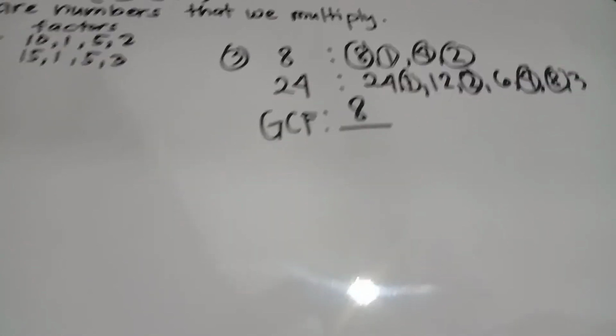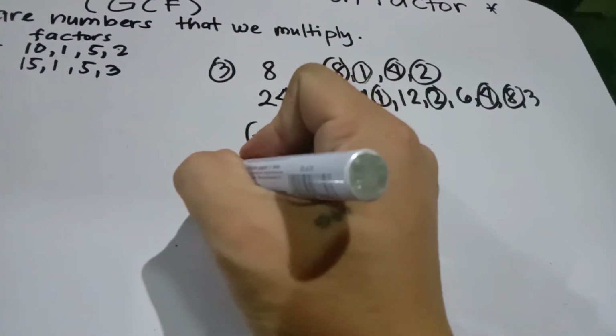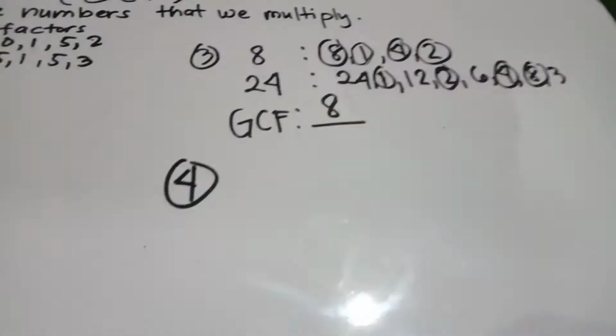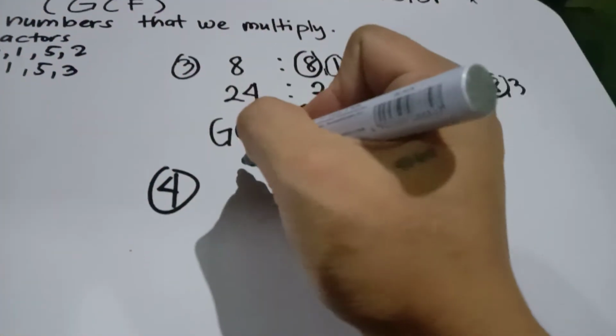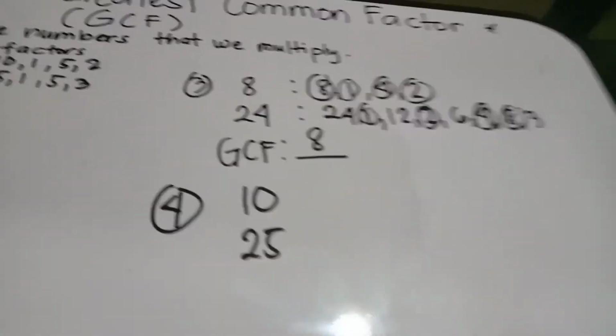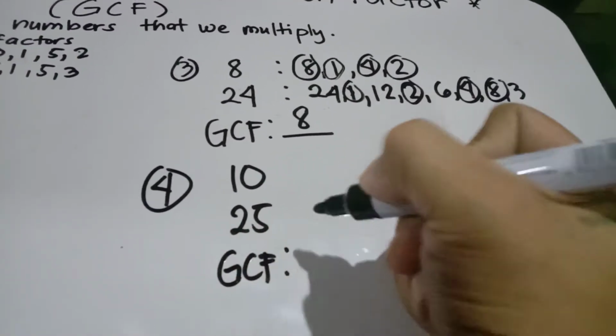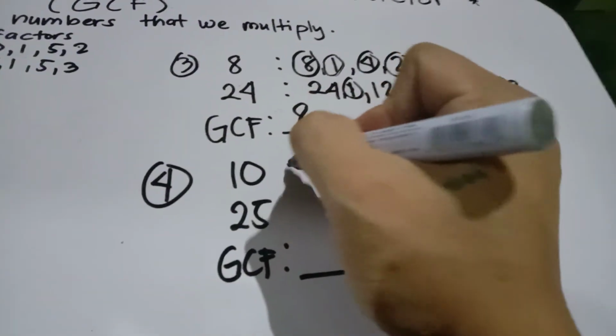So another one. Let's try number 4. Let's try 10 and 25. So let's try to look for the greatest common factor of 10 and 25.